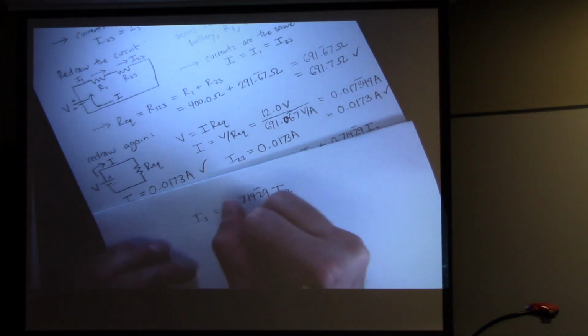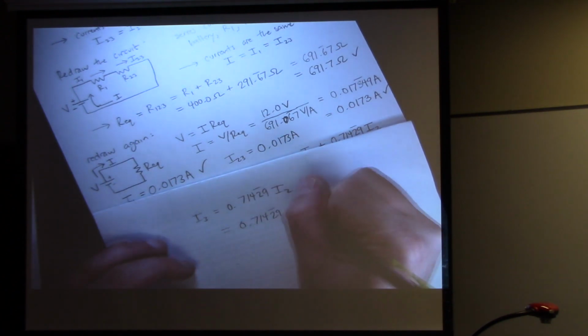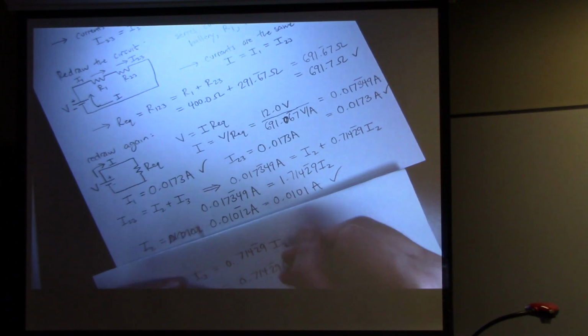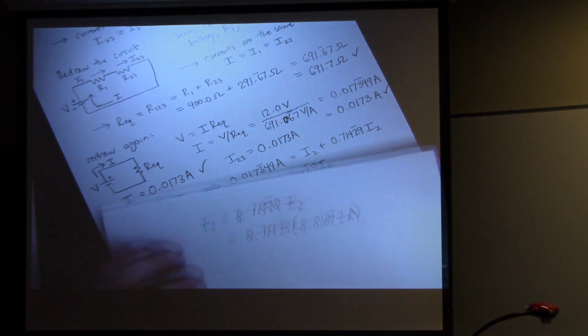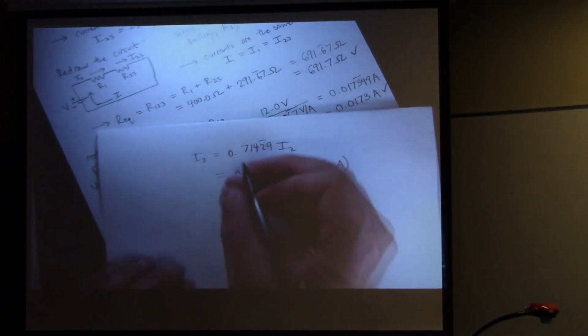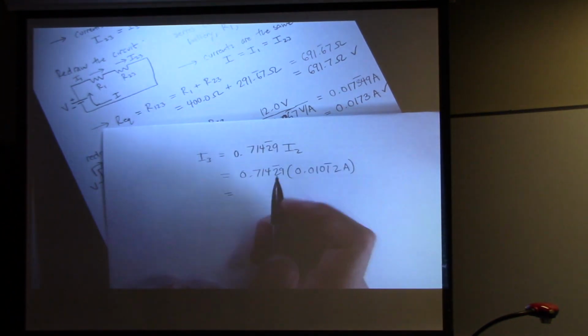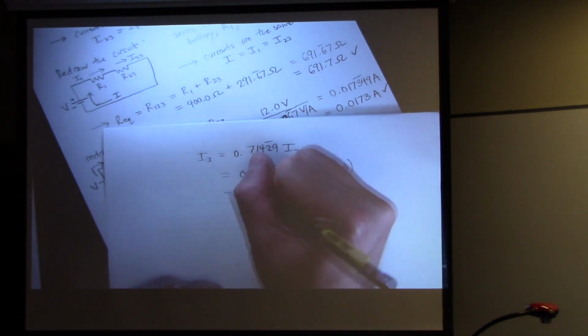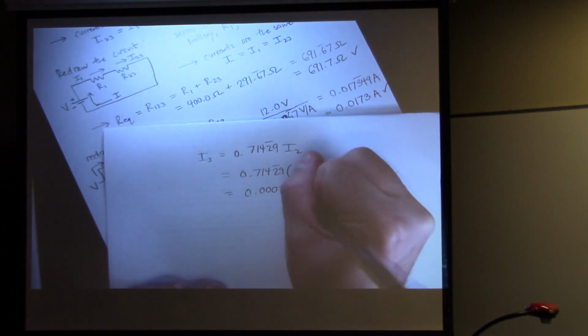So let's take 0.71429 and multiply by what we just found for I2, which is 0.01012 amps. Okay, do the multiplication. And look, we know we're going to round off to 3 sig figs at the end of this, so let's just do that. We have 0.000723 amps.